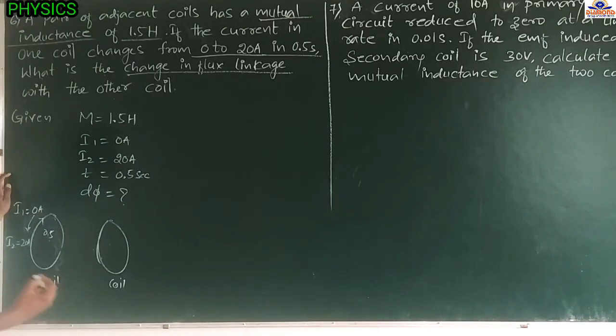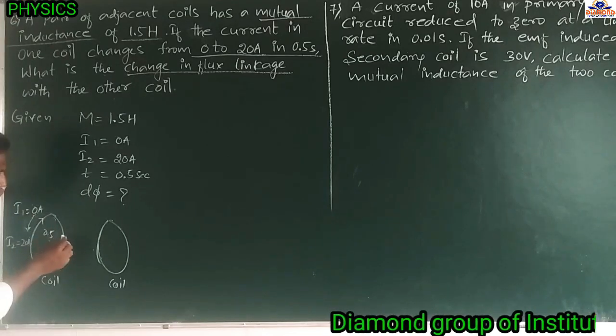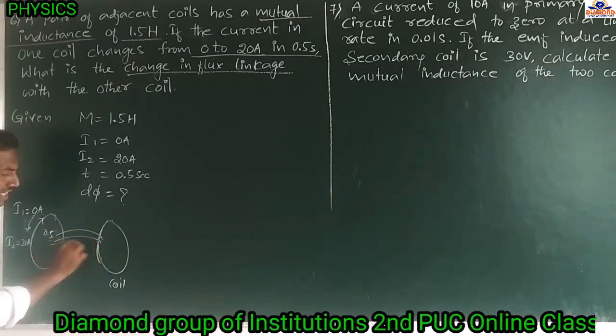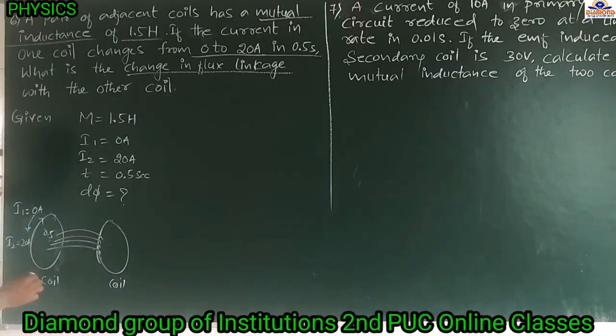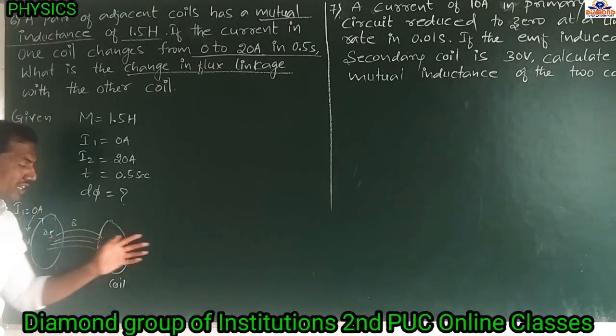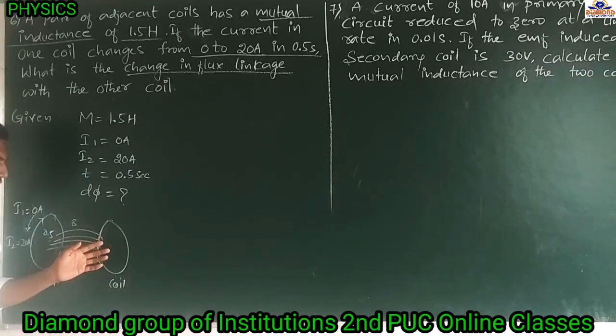In the theory concept we discussed that when current is flowing through a conductor, a magnetic field is produced. If the current value changes, then the magnetic field value also changes. These magnetic field lines are linked with the other coil. The number of magnetic field lines passing through the coil is called magnetic flux.